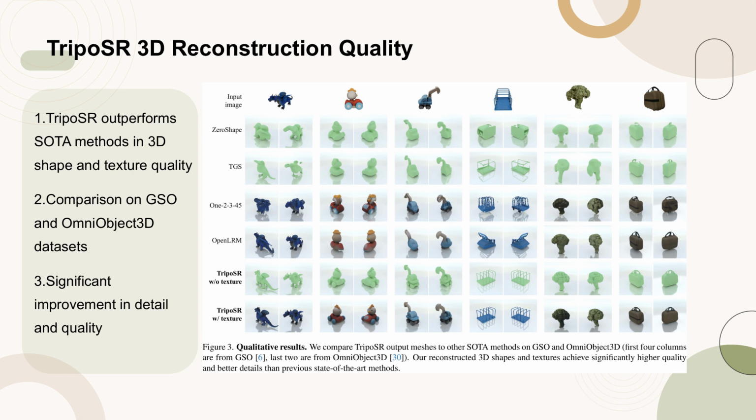The first 4 columns of the figure are from GSO, while the last 2 are from OmniObject 3D. The figure demonstrates that TripoSR's reconstructed 3D shapes and textures achieve significantly higher quality and better details compared to previous SOTA methods. This highlights TripoSR's superior performance in capturing intricate details and overall 3D structure, making it a standout in the field of 3D reconstruction.